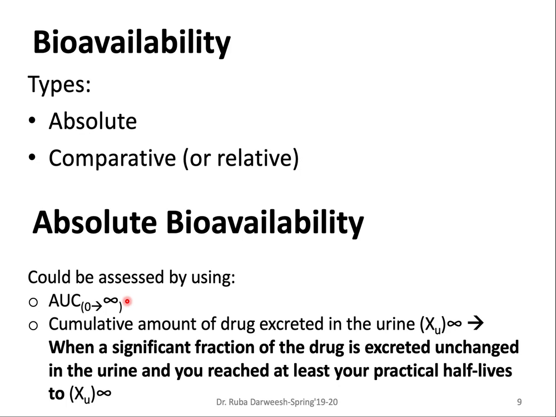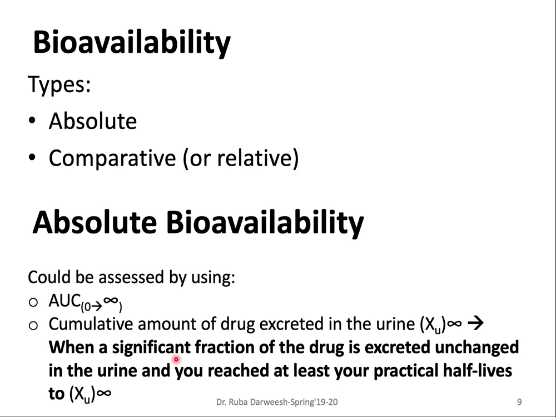To determine this, if you remember, we need the concentration in the plasma or blood versus time. To determine the other, we need the amount excreted in the urine. And we have the same notes about this in the urine, if you go back to the details when we talked about the IV or extravascular routes. We need a significant fraction of the drug to be excreted unchanged in the urine, and to have it characterized as much as we can to reach 0 to infinity.